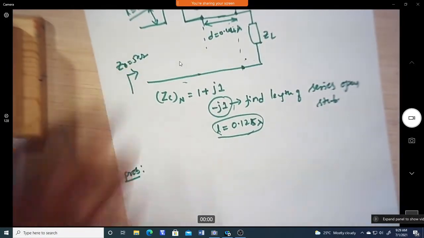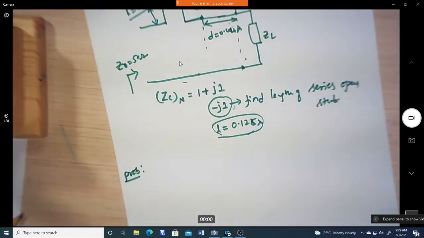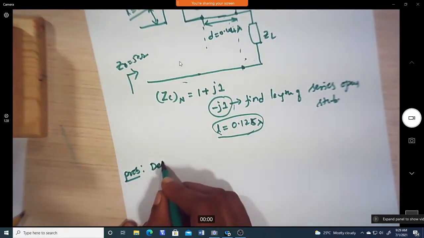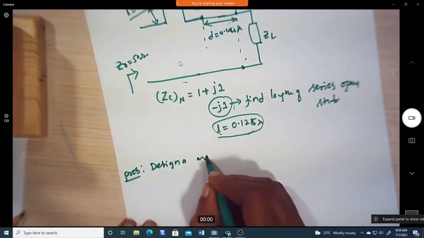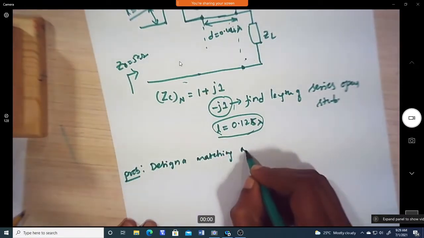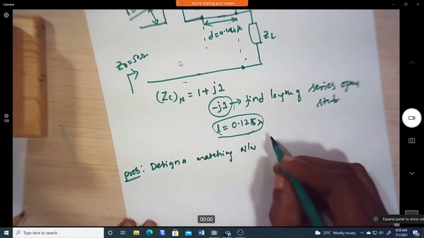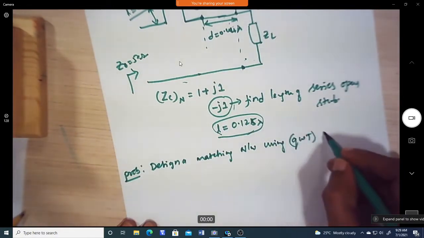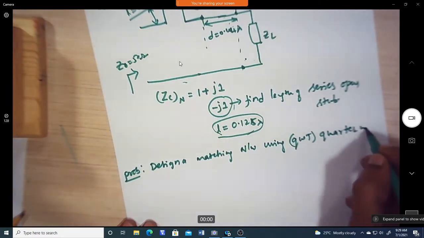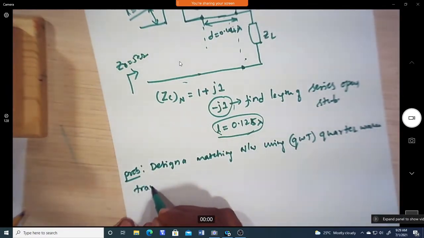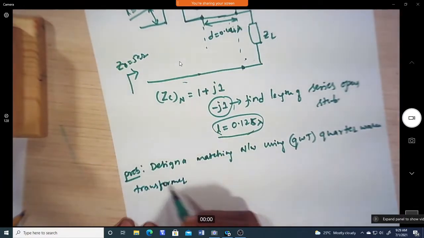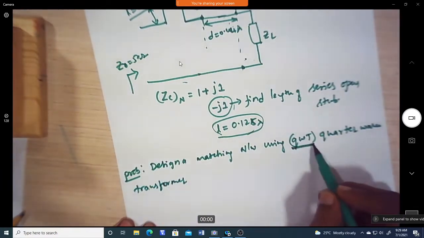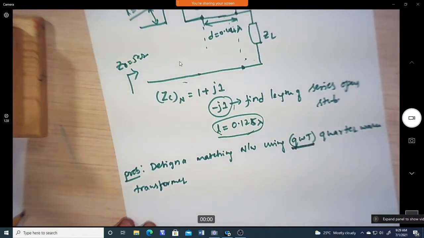Okay, so the problem is: design a matching network using a quarter wave transformer. Quarter wave transformer in the sense the length of this transformer is lambda by 4.